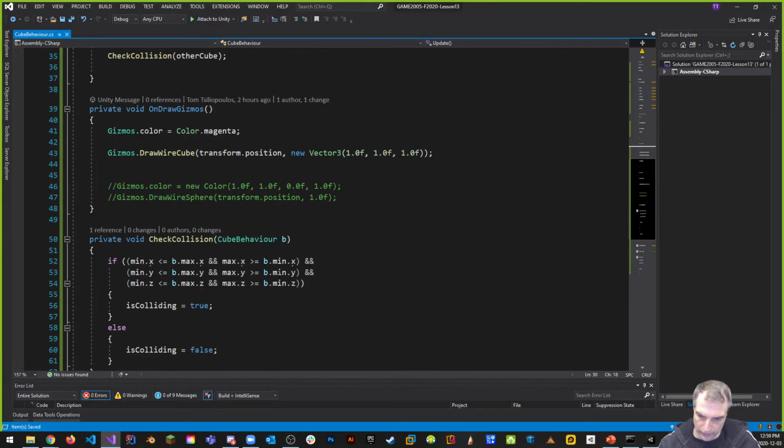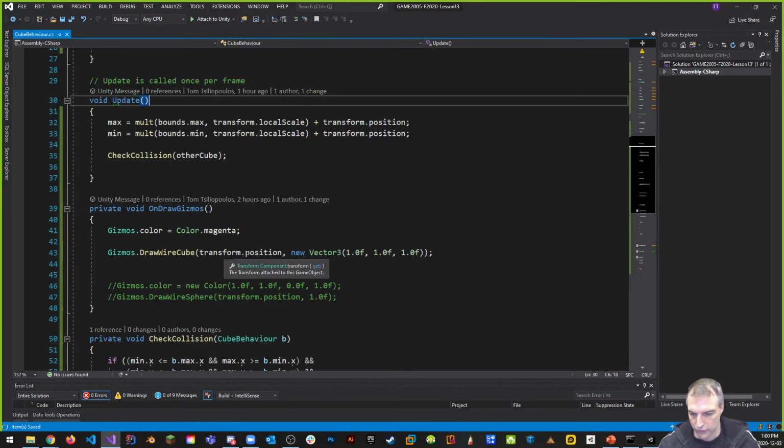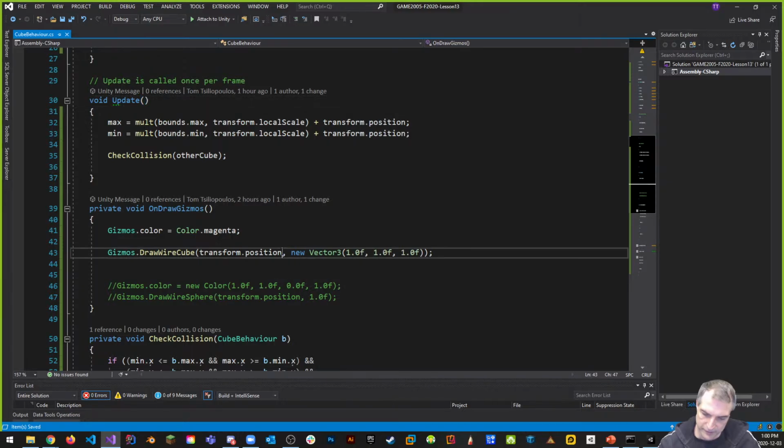One thing to note is that this isn't going to change either. So transform dot position is going to be where we draw the cube, in the position of this thing, and then the size is going to multiply by its scale.